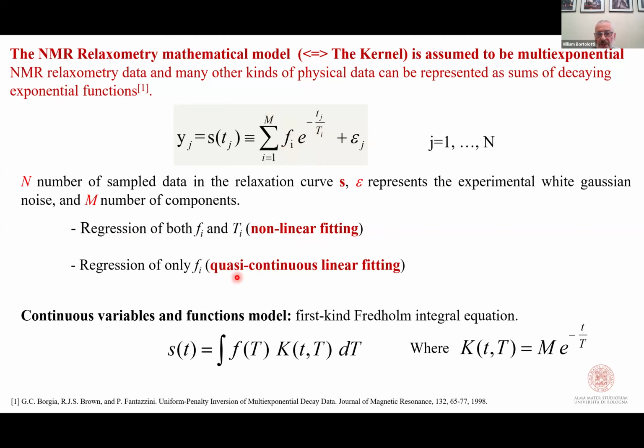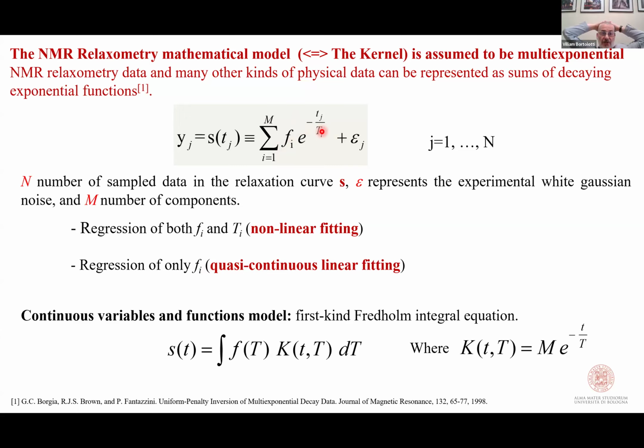Quasi-linear fitting means we fix a number of Ti on a scale, the inversion time, T1 or T2 depending on the experiment, and then the algorithm simply determines the amplitude. This is a linear fitting. Why quasi-continuous? Because we have a discrete number of Ti. On the axis of the relaxation time, we have an infinite number of possible Ti, and we select a number.